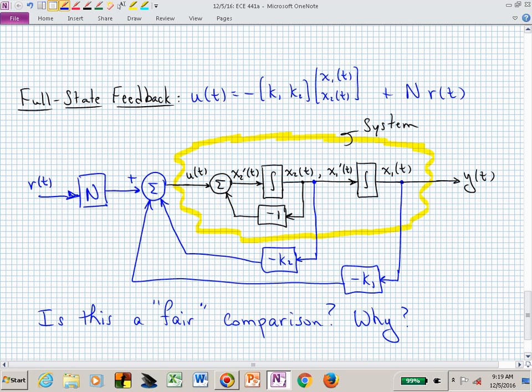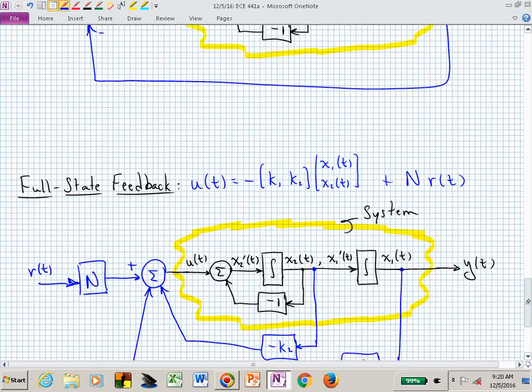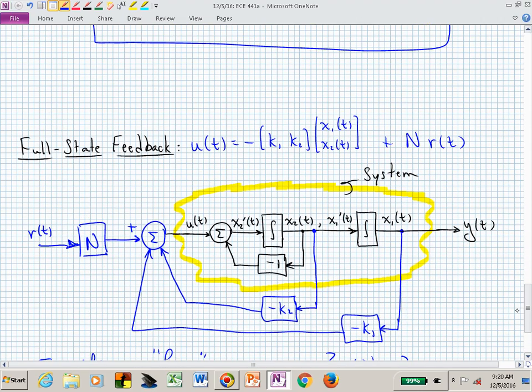What distinguishes the full state feedback configuration from the output feedback configuration? What are some maybe easily recognizable differences between this first block diagram and the output feedback case with this diagram in the full state feedback case.